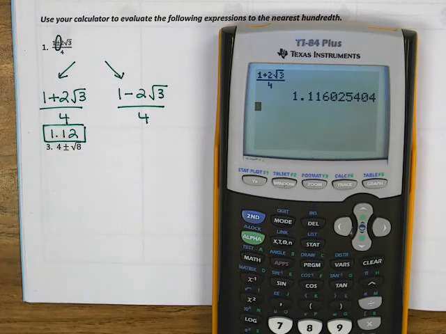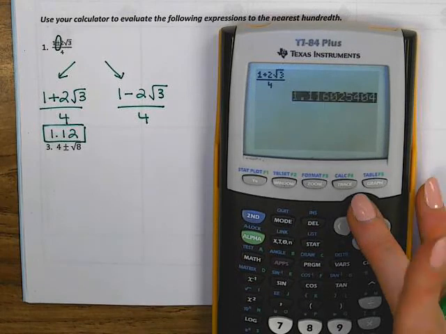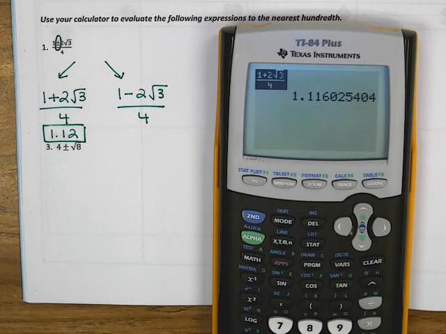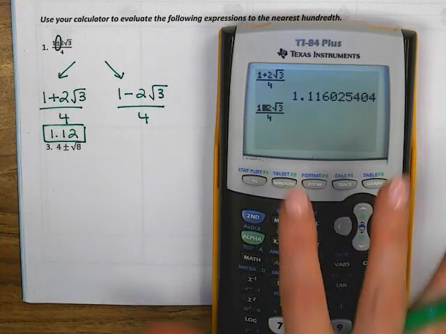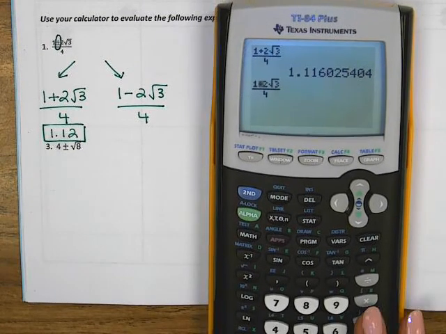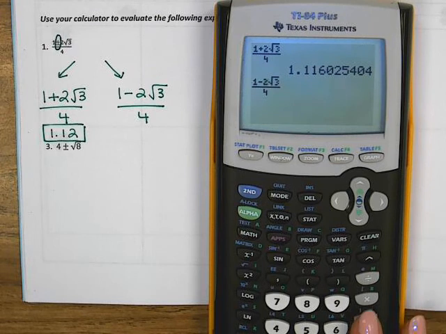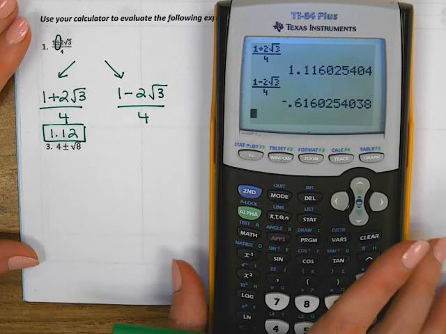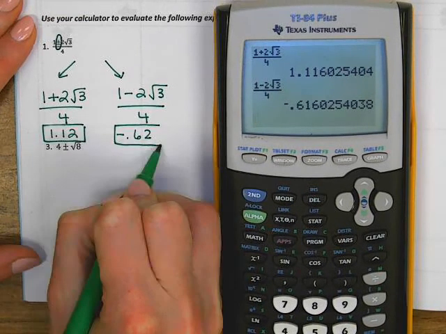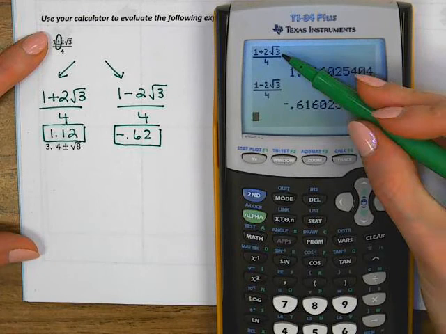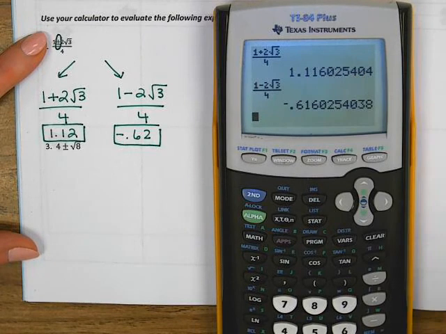And then we have to do it again with the minus sign. But you guys, the best way is just to go back up and hit enter and edit it. And then just go back over and turn the plus into a subtract. And then there you go, -0.62. Is that okay? So when it's a plus and a minus, just do it twice. Once with the plus, once with the minus.